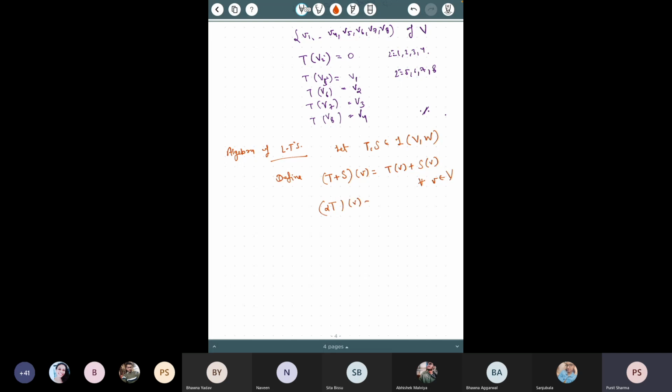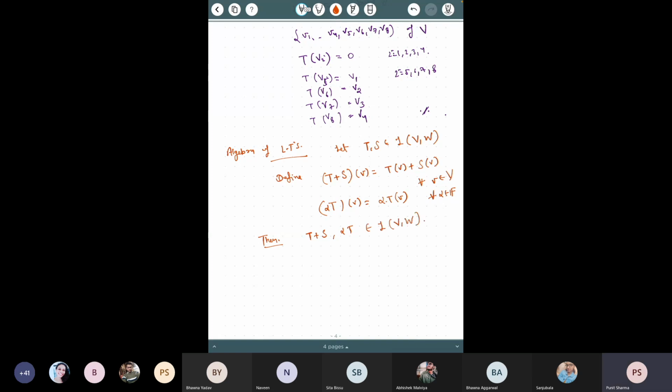You take any vector V and send it to alpha times T of V. Then you can verify that T plus S, defined in this way, are not only functions, they are also linear transformations. So T plus S and alpha T also belong to this set.